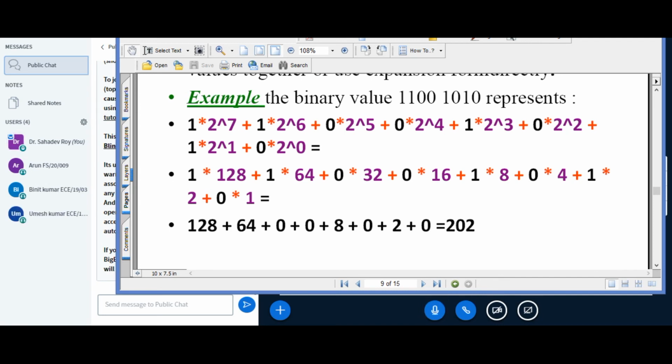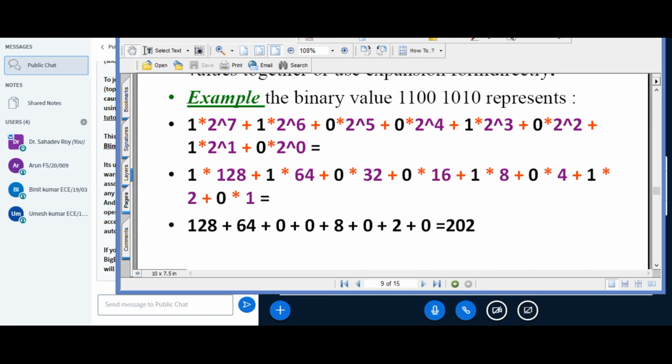But you get to the confusion: how do I say that 11001010 is a binary value? It may be a decimal value, it may be an octal value, or a hexadecimal value, or any other base.